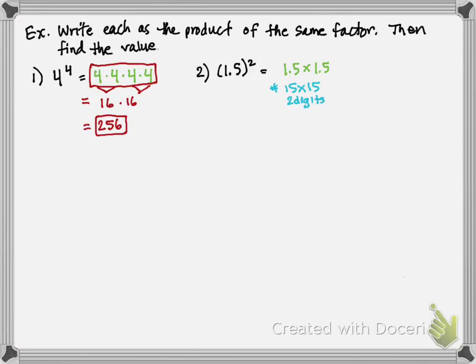If I know what 15 squared is, which I should, it's on that other sheet, that's going to be 225. But remember, we need to put 2 digits after the decimal point. So my answer would actually be 2 and 25/100.